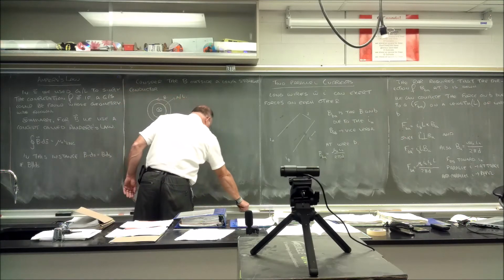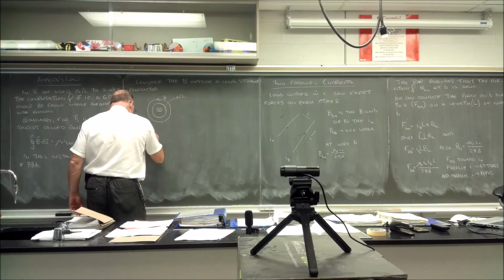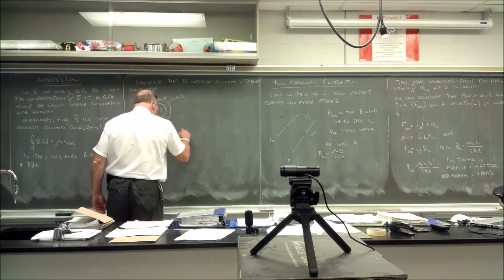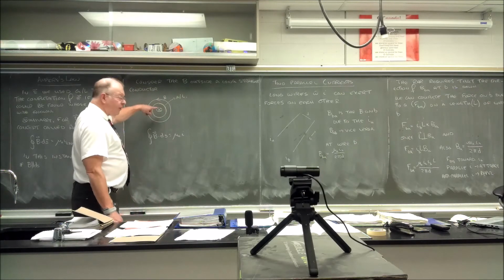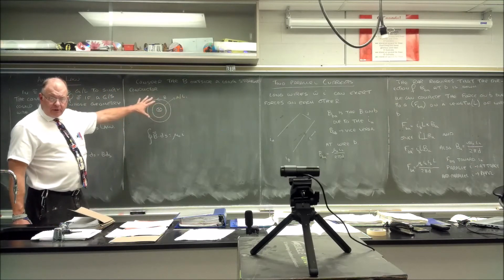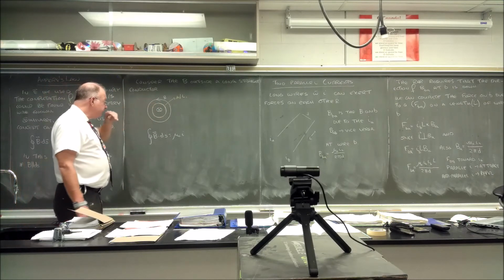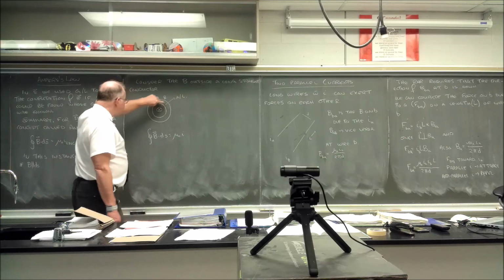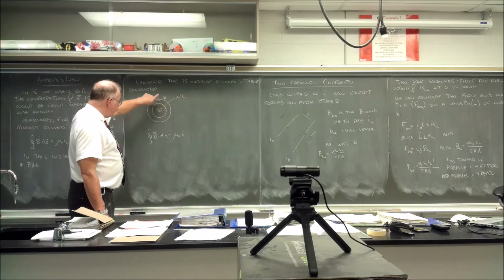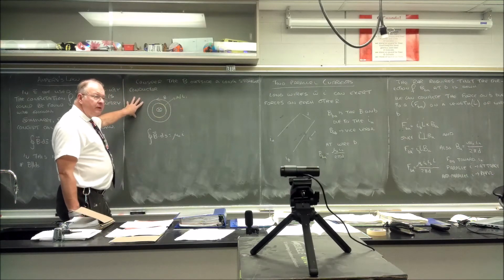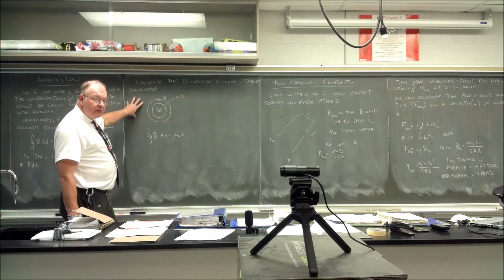So let's look at the ring integral of B dot ds equals mu naught I enclosed. We've enclosed the total current that we're interested in, so that's okay. Now, we're going to integrate around this loop, and it's just going to be the perimeter, the circumference, 2 pi r.